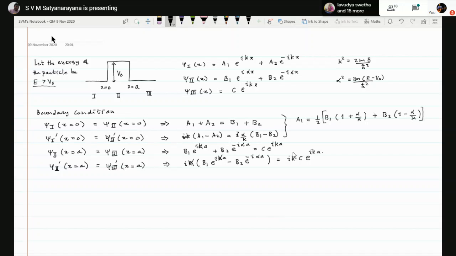This is my A1, and A2 I will get by subtracting. So A2 will be equal to half, B1 into (1 minus alpha by k) plus B2 into (1 plus alpha by k). Okay, so I have got A1 and A2 in terms of B1 and B2.